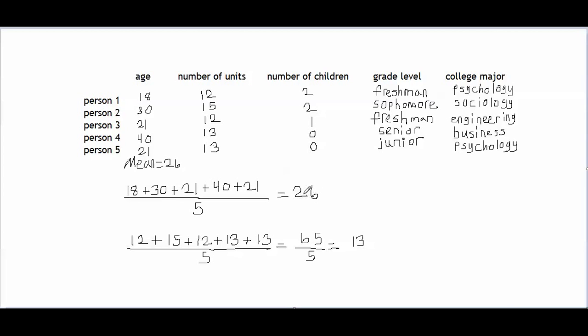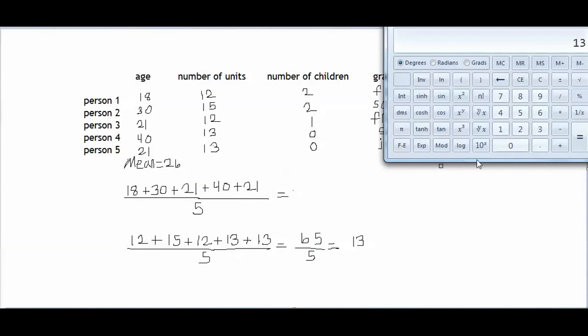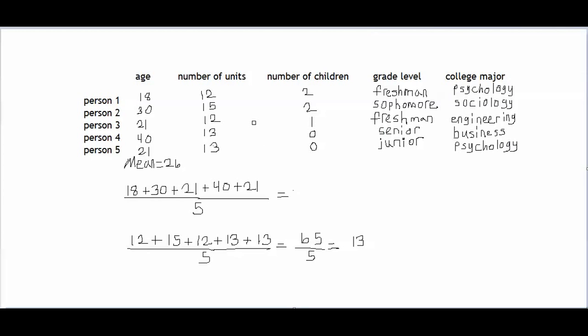Sorry, I think I didn't show you all of the work here. We added up all 5 numbers, we got our total of 130, and then we divided 130 by 5.